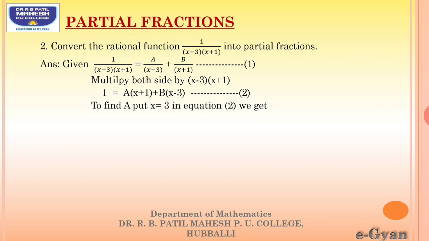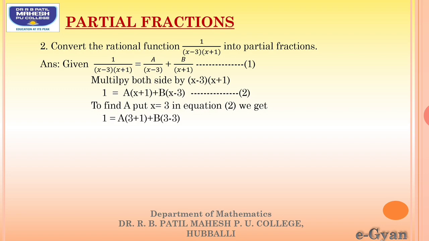Next, to find a, put x equal to 3 in equation number 2. Why are we substituting x equal to 3? Because if you want to find out a, the second term should be 0. In the second term x minus 3 is there, so you substitute x equal to 3, then 3 minus 3 gives 0.